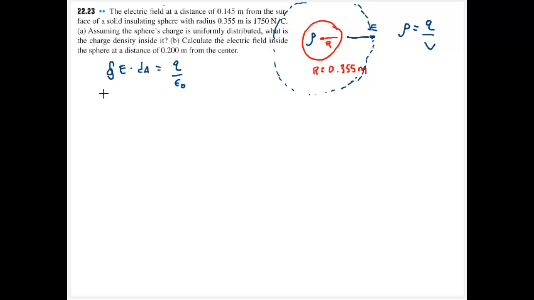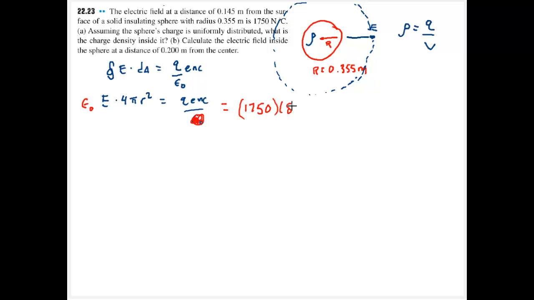I've drawn a sphere, so I can simply write E multiplied by the area of the sphere, 4 pi radius squared. That's going to be equal to the charge enclosed divided by epsilon naught. I'm trying to solve for the charge enclosed, so I'll move epsilon naught right there. And I can say, well, I know what the electric field is.